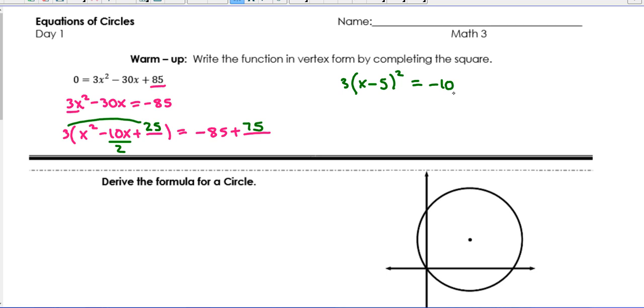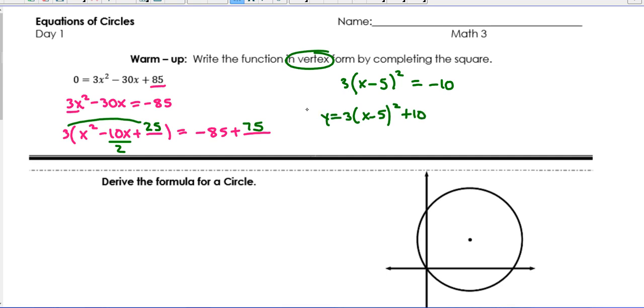If I want to write this in vertex form, which is what this problem says, I'm actually not solving it. I'm not dividing by 3, taking the square root, and adding 5. Vertex form, this is my k value. I actually just move it over. So I would have 3 times x minus 5 squared plus 10.